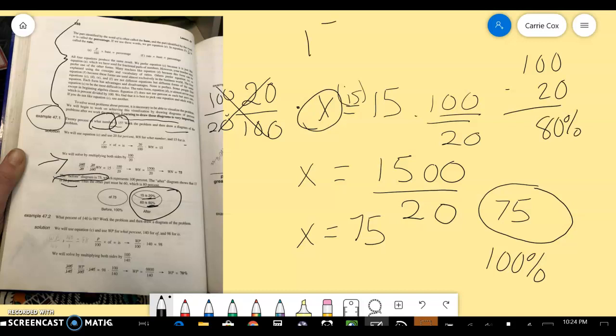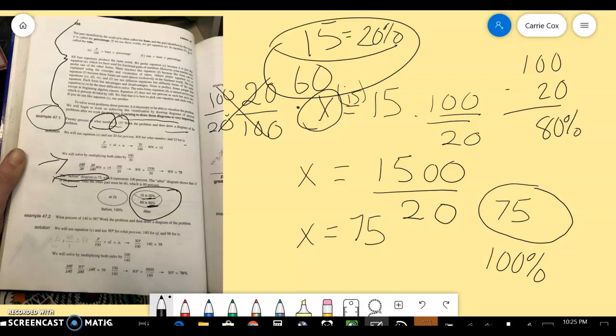So 15 is, we're going to roughly draw, 20% of this pie. Now where did we get 60 from? 75 minus 15 equals 60. 75, the total, minus the percentage, gives us 60, which is the rest of it, 80%.